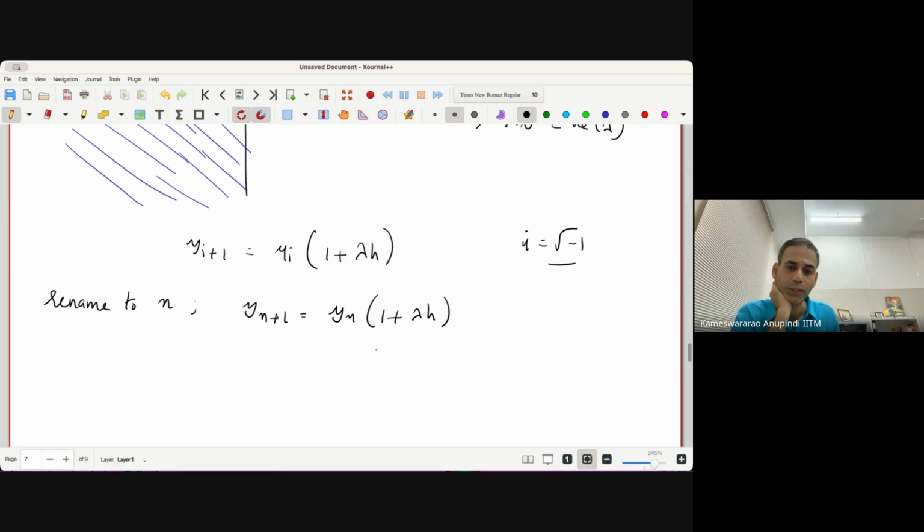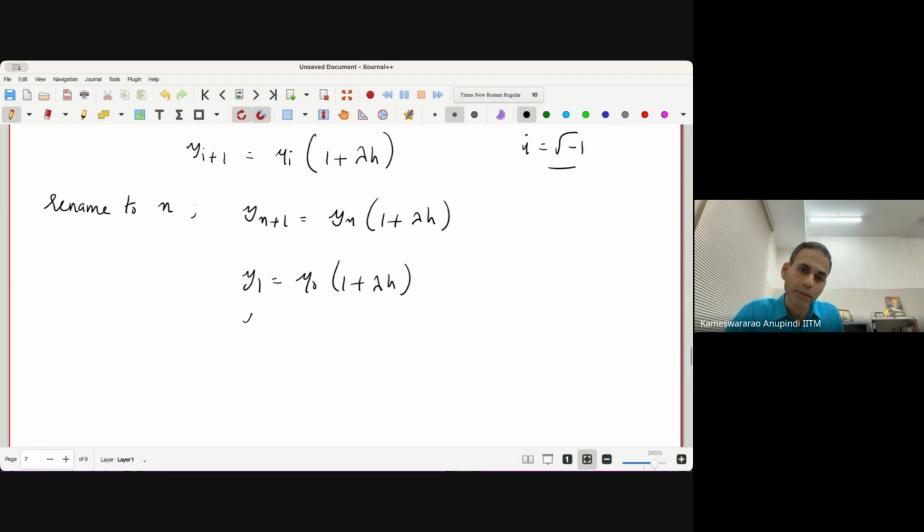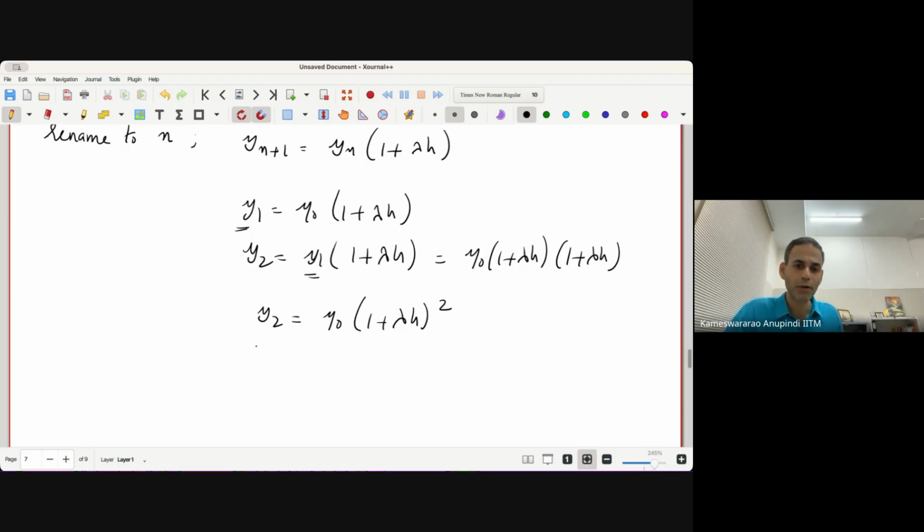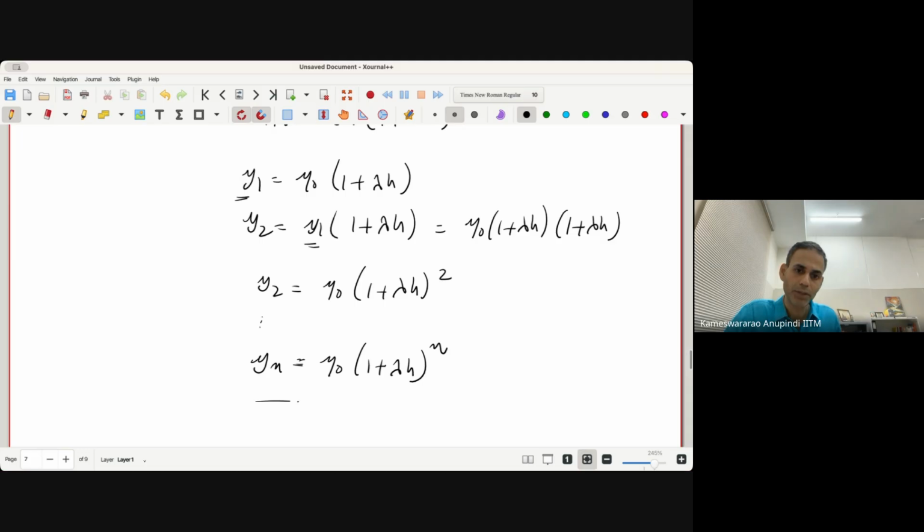If I take n equal to 0, y1 equals y0 times (1 plus lambda h). Similarly, y2 equals y1 times (1 plus lambda h), which is y0 times (1 plus lambda h) whole square. If I follow the same recurrence, then y_n equals y0 times (1 plus lambda h) to the power n.